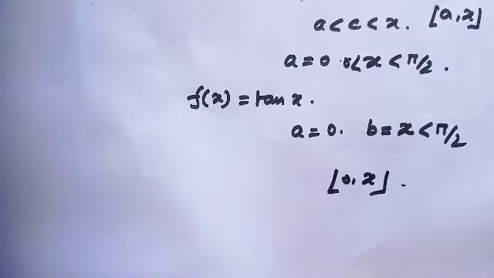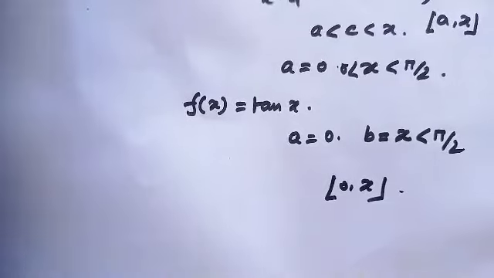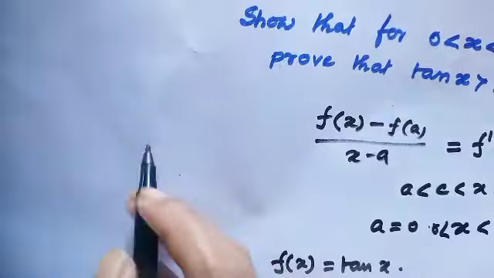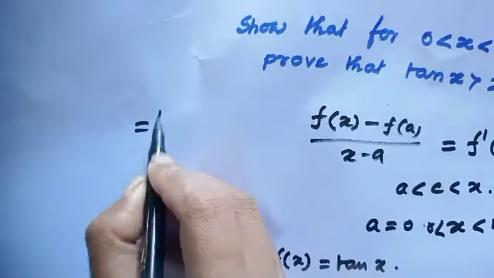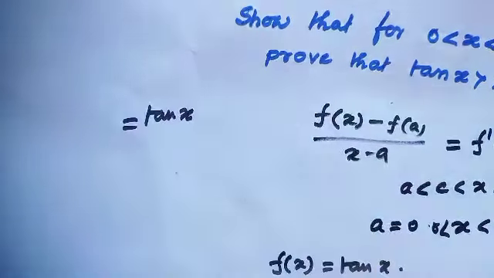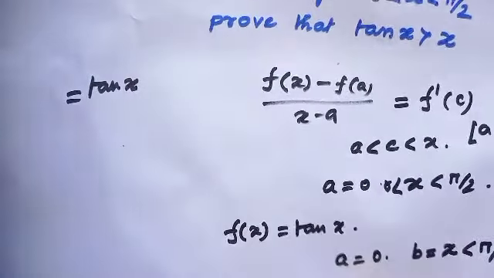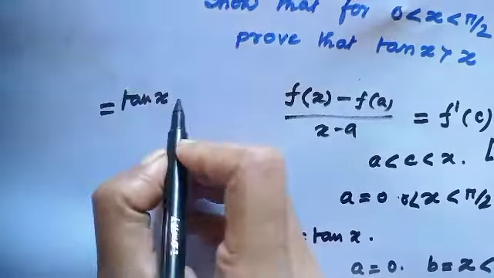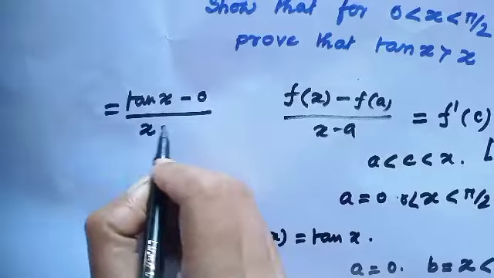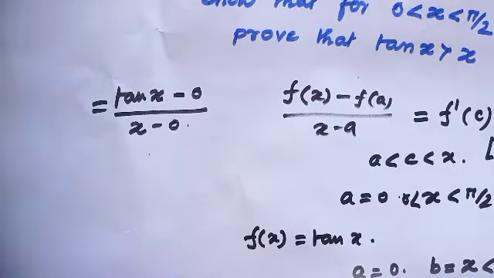So by mean value theorem applied here, the value would be tan x because the given function is tan x, and here a equal to 0, and tan 0 equal to 0, over x minus 0. Okay. And this would be by mean value theorem equal to f prime c.